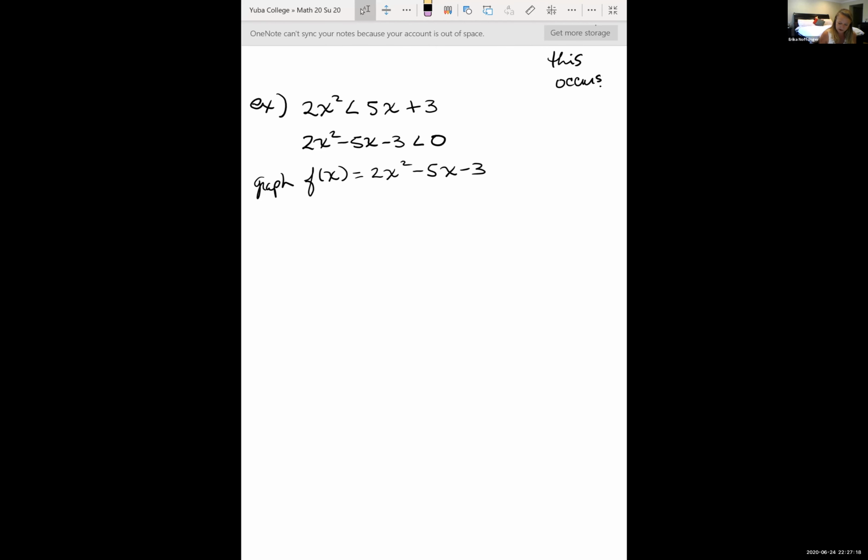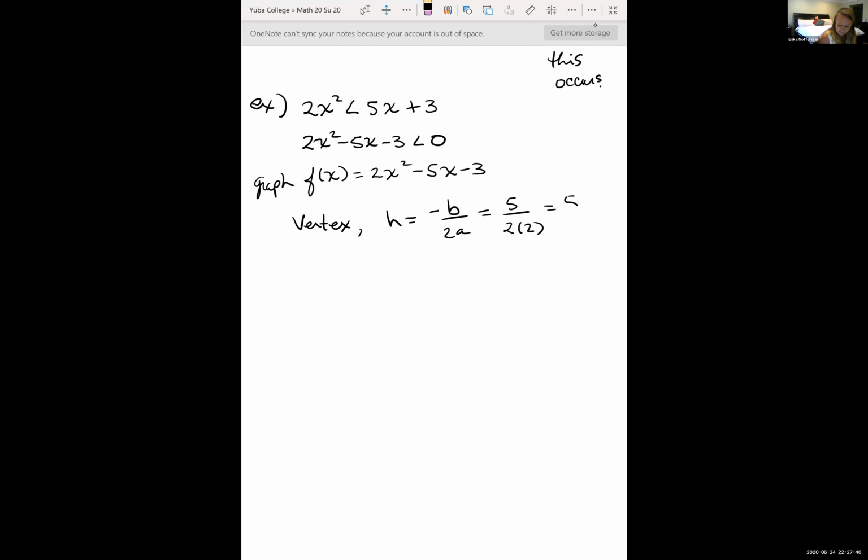We just found tools in order to do that. So let's find the vertex. Well, h is negative b over 2a. So negative of negative 5 is positive 5, all over 2 times a, which is 2.